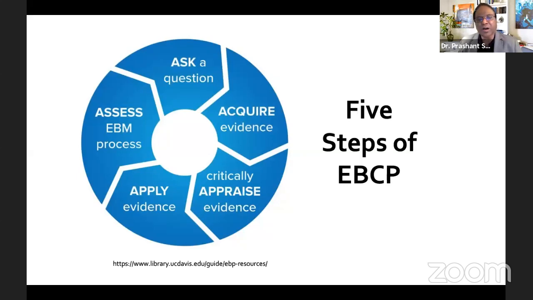In the second step, you acquire the evidence related to your focused clinical question. In step 3, you critically appraise the evidence you obtained. In step 4, you apply that evidence by integrating it with patient values and preferences and combining it with clinical experience and expertise. And in step 5, you assess that process, whether you performed those steps properly or not.